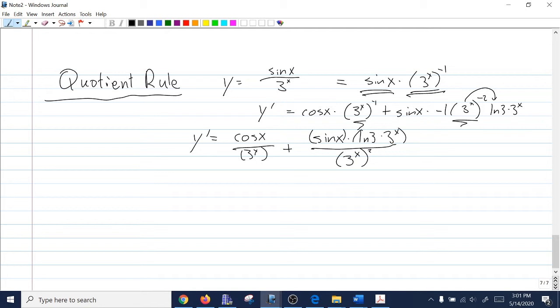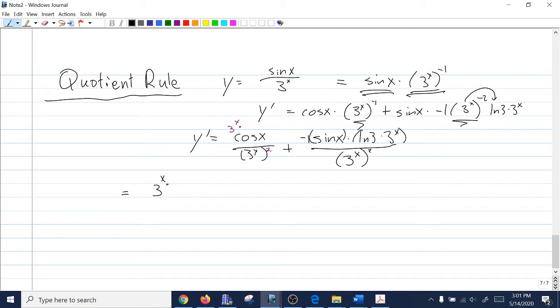Oh, and I lost the negative 1. I want a common denominator. The common denominator between these two fractions is going to be 3 to the x squared. So I'm going to stick an extra 3 to the x on top and bottom of this. And now I have a common denominator.